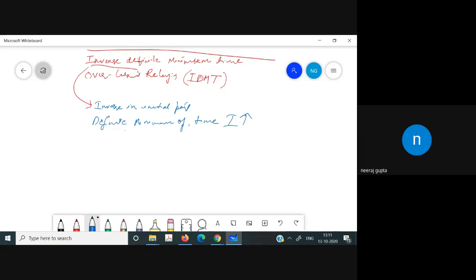Now, why do we have this inverse definite minimum time over current relay?